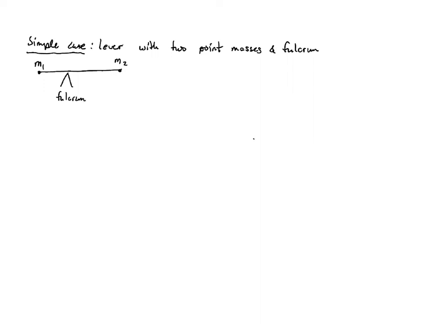Now, if the distance from the first point mass to the center where the fulcrum is d1, and the distance from the fulcrum to the second point mass is d2, then we have what's called the law of the lever, that says that the balancing point needs to be exactly when the product m1 d1 is equal to the product m2 d2.